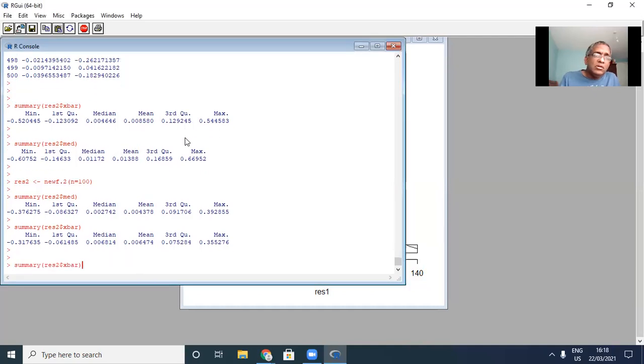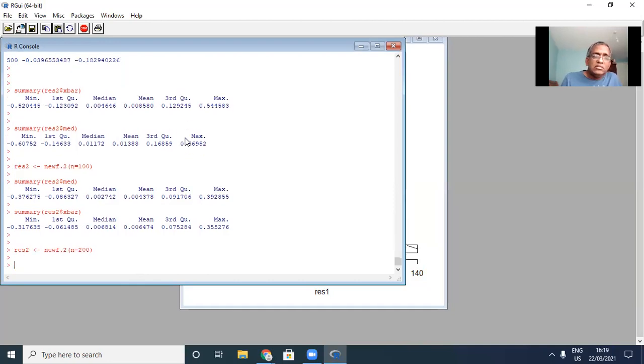Now you can change this to 200. If you change this to 200, what's happening here is that you're simulating 500 samples, each of size 200. Remember, each of the 500 samples is of size 200.